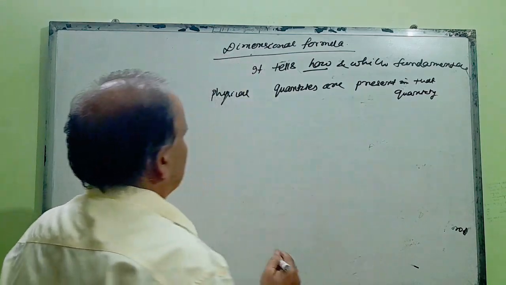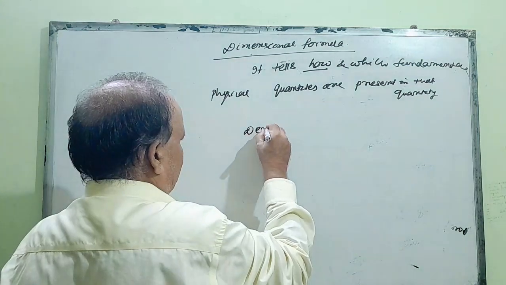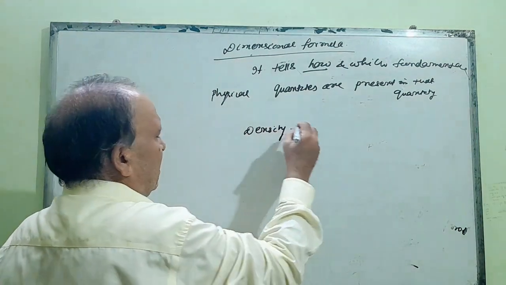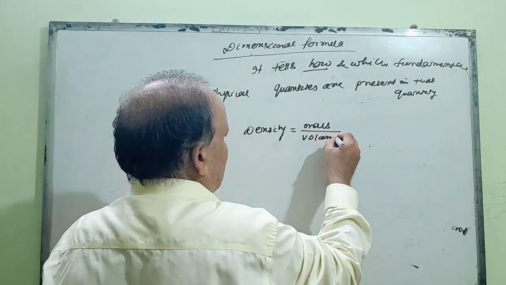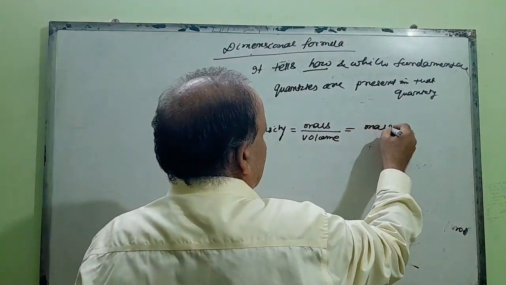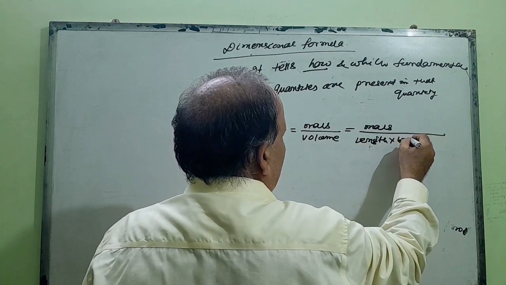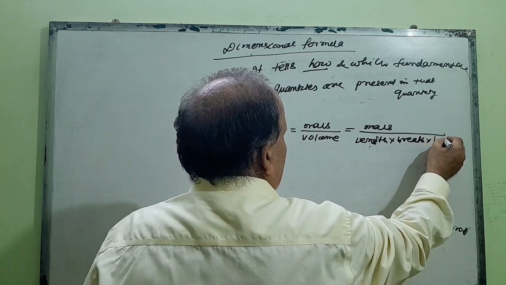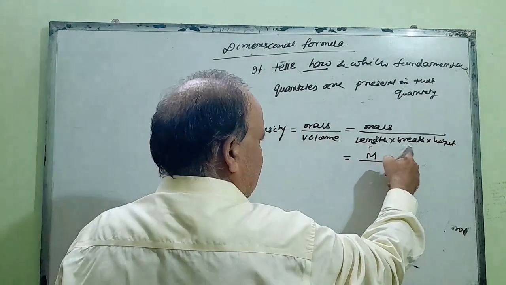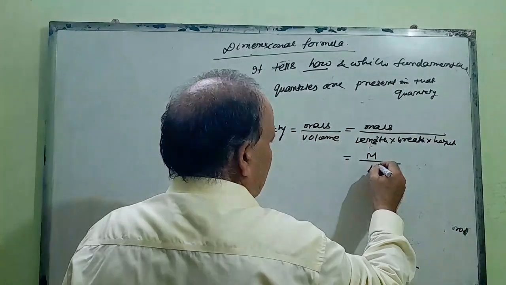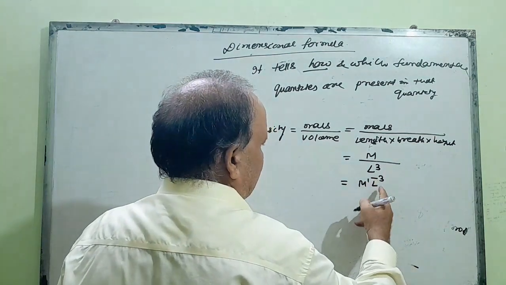Suppose we say density. What is density? Density formula is mass by volume. Volume means length into breadth into height. Length, breadth is also length, height is also length, that is L cubed. That is equal to M^1 L^-3.